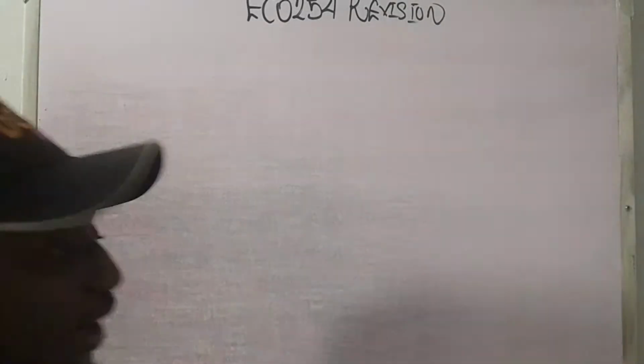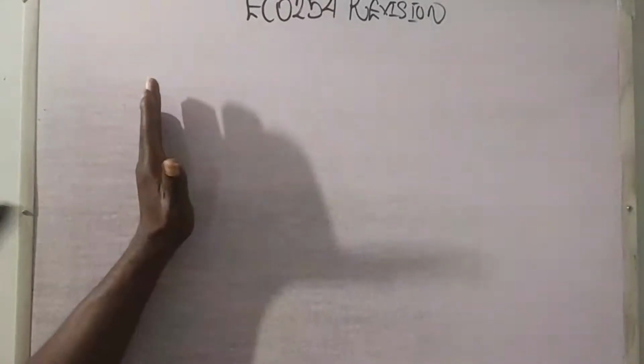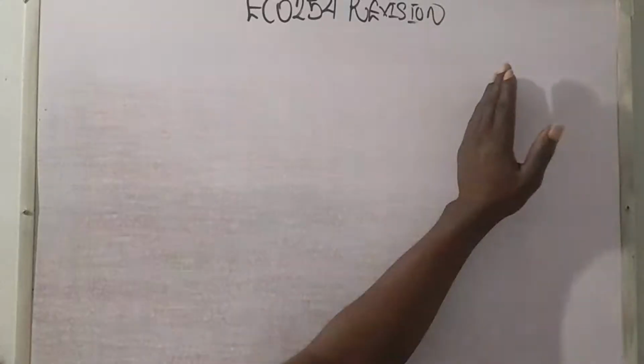So we'll be taking our revision class today. The keynote is subdivided into two parts, the calculation part and the theoretical part, just like what we are going to be doing in today's class.